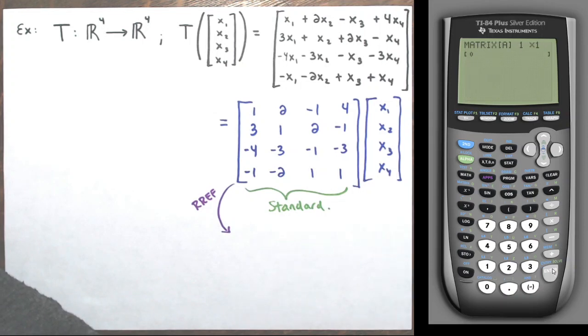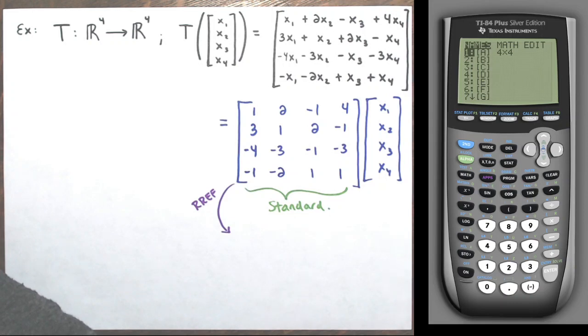This is a 4 row, 4 column standard matrix, so 4 by 4. And then I just enter all these entries. I'm going to pause the video right now, enter these, and start up again when I have them all entered.